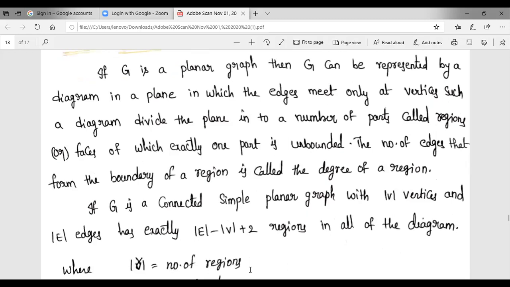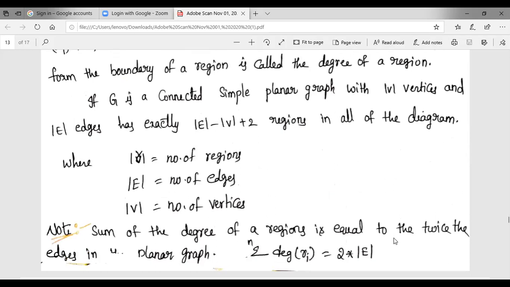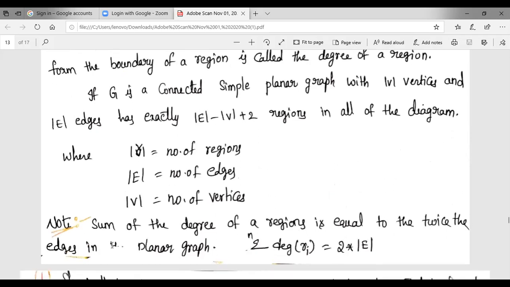Okay. So here R is the number of regions, E is the number of edges, V is the number of vertices. The sum of the degrees of the regions is equal to twice the edges in the planar graph. So sum of degree of Ri is equal to 2 times the edges in a planar graph.